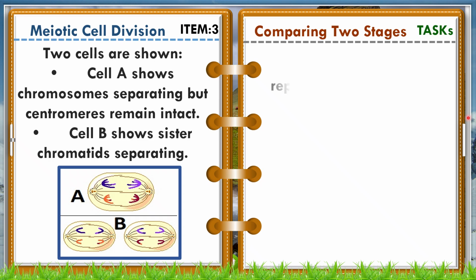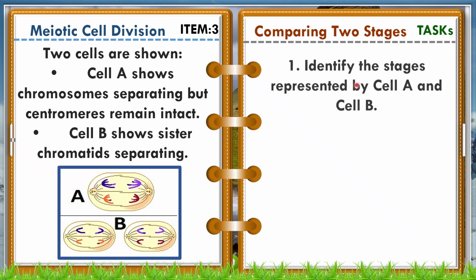Task: identify the stages represented by cell A and cell B. They want us to identify the stages represented by cell A and cell B. Which stage is represented by cell A, this one here, and which stage is represented by cell B, this cell here? So we can identify them.